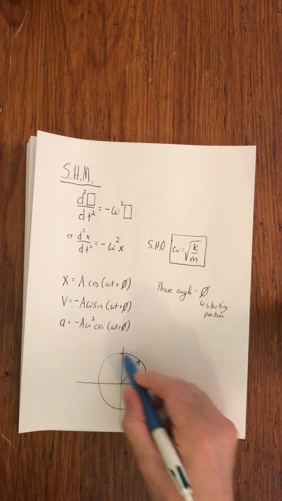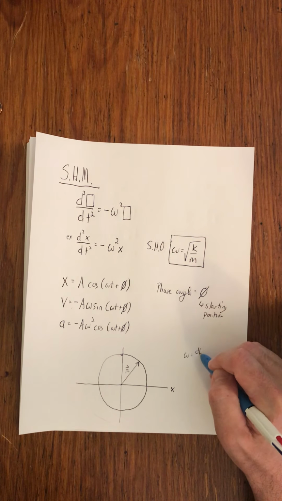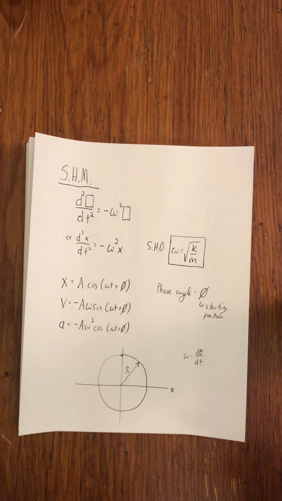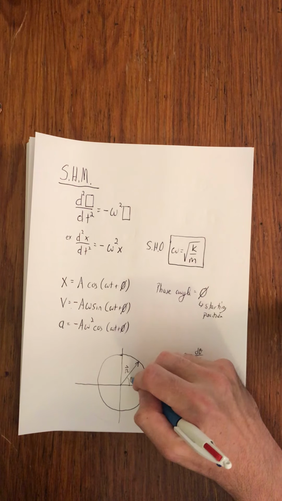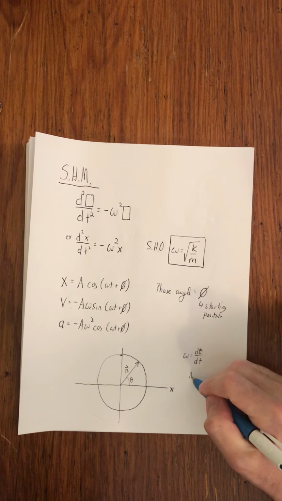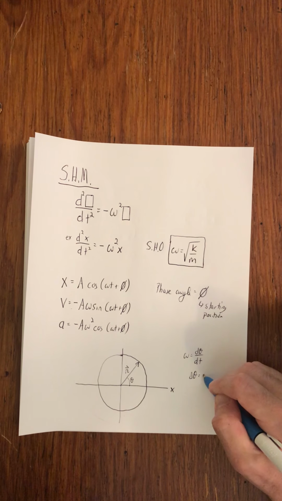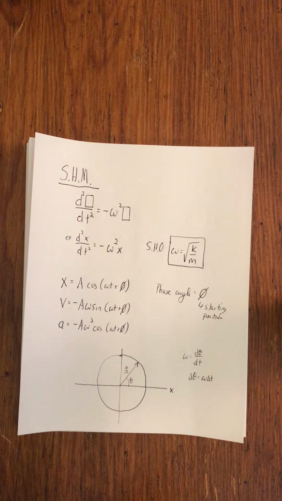If there's an omega, then omega would be equal to d theta dt, right? So let's say omega is a constant, so that this thing is changing angles at a constant rate. That means I could say that delta theta would be equal to omega delta t, assuming omega is a constant, right?